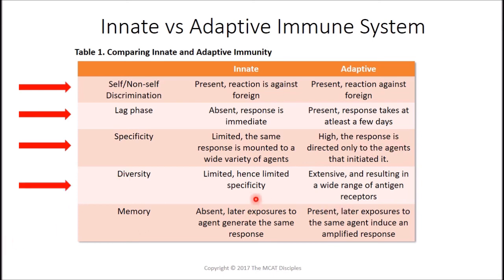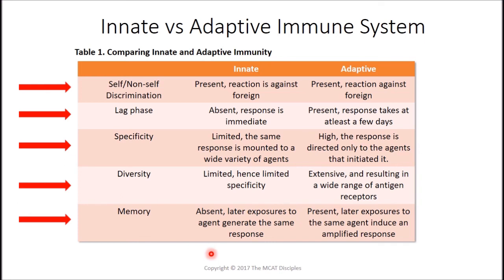Diversity: the diversity of the receptors found on innate immune cells is limited. Hence, you have limited specificity. Whereas on the adaptive immune cells, you have very large, extensive, diversified receptors, and that confers its specificity. How about memory?